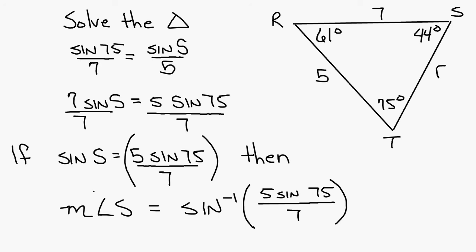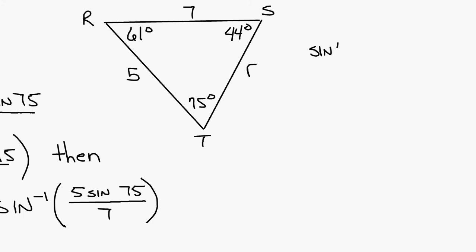Your proportion would look like, you can pick either of the given angles or sides. So you can use the sine 44. What would the sine 44 go over? The 5. And it would be equal to sine 61 over what? Over the lowercase r.